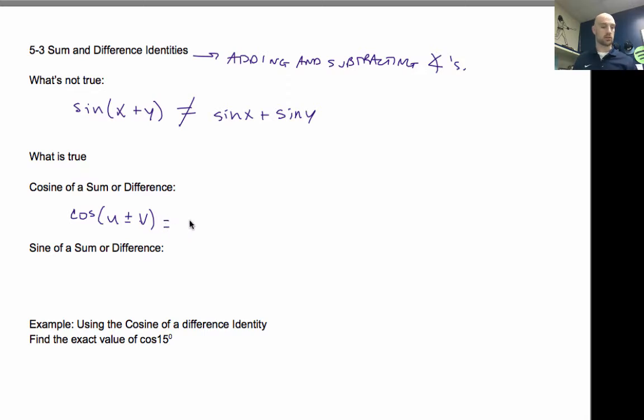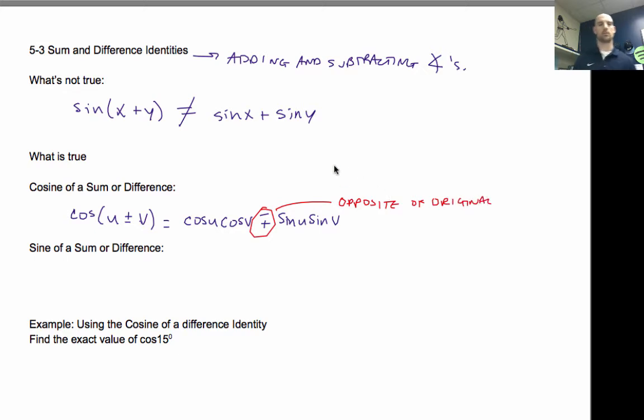Here's what it is equal to: the cosine of u times the cosine of v, and then here's a crazy symbol, minus plus, sine u sine v. This means it's the opposite of the original.